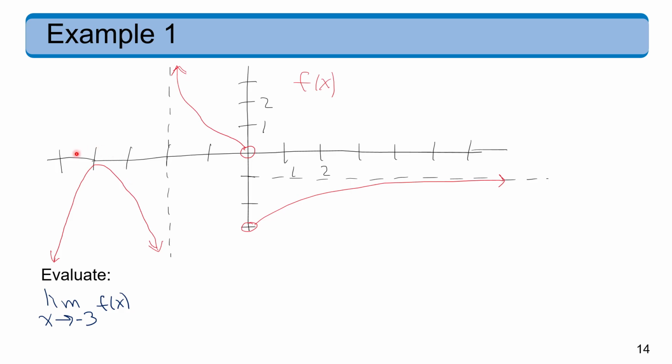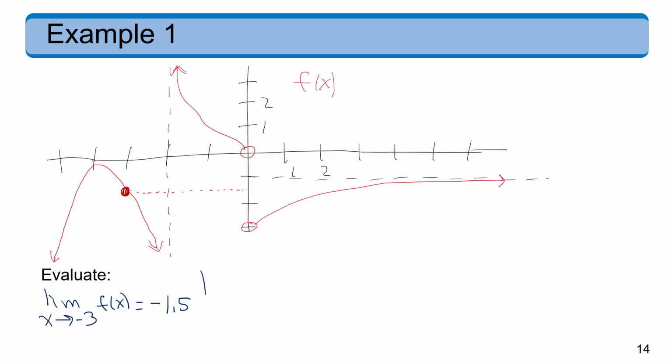And as we approach -3 from the left side, notice it comes to the same dot. So let's investigate where that dot is. It's right about here. And let's look over to see what the y-coordinate is. It looks like it's -1.5. And since it was the same on both the left and the right sides, then the limit exists and equals that common y value, -1.5.